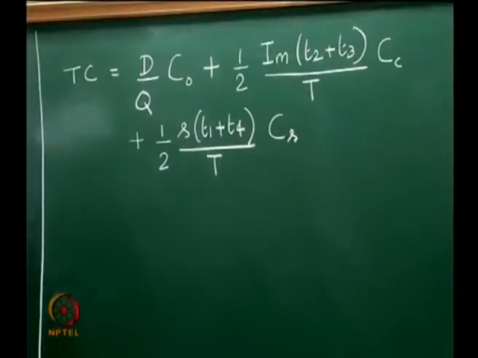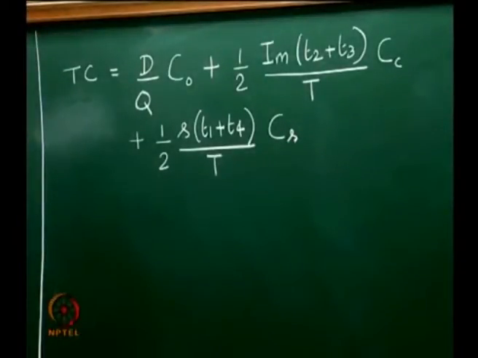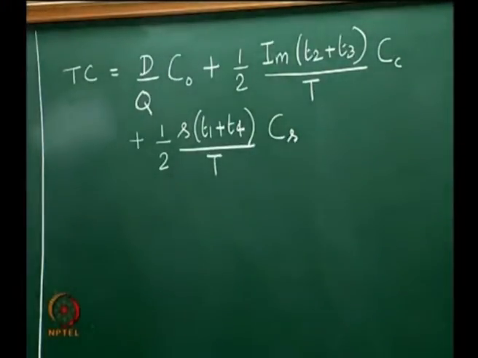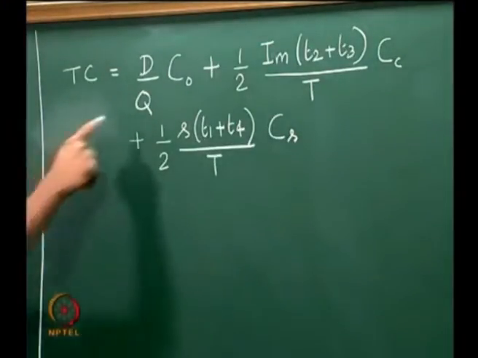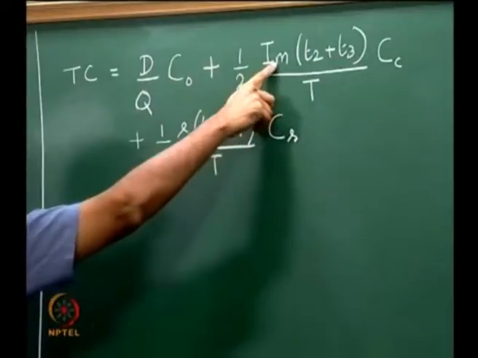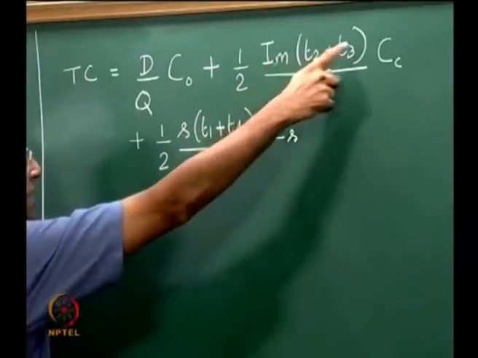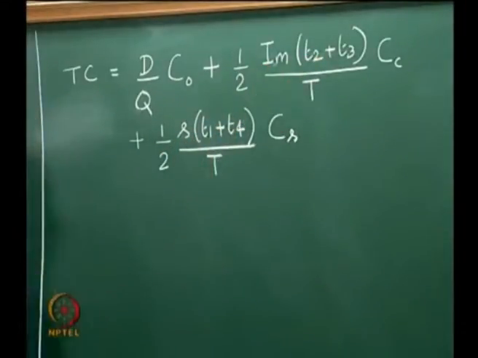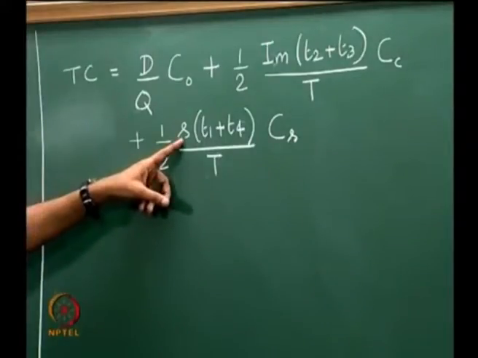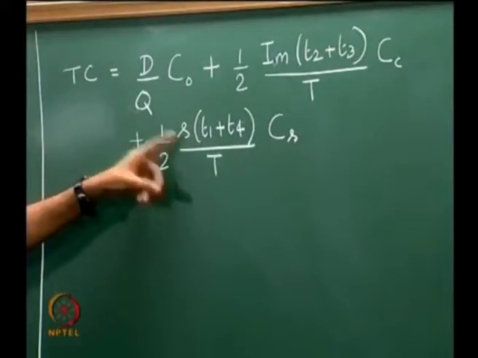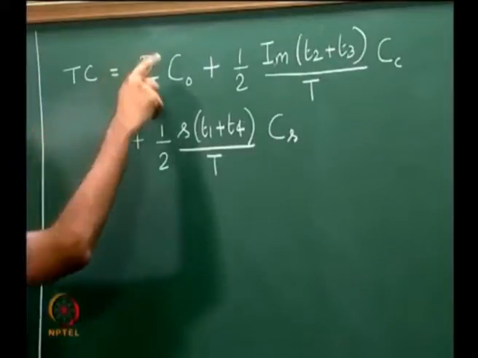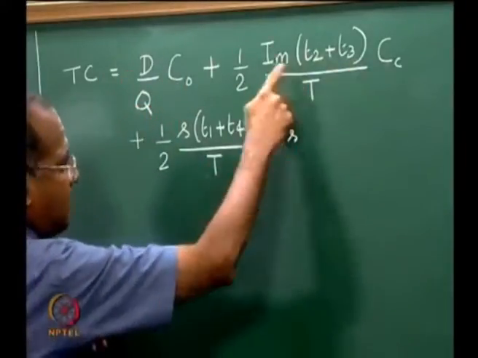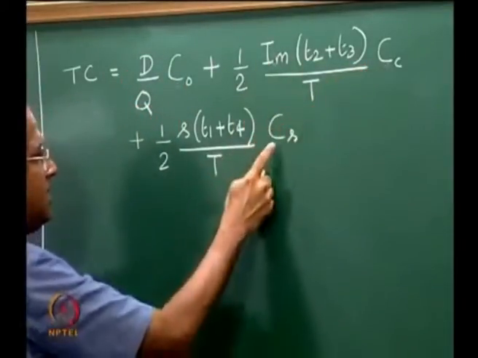So, this is the function that we have to optimize, but then this function has several unknowns. So, Q is an unknown, Im is an unknown, T1, T2, T3, T4 and T are all unknowns, S is also an unknown. What are known to us are D, C naught, Cc and Cs.